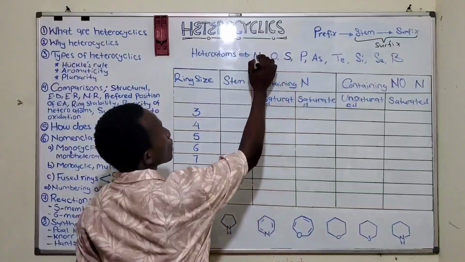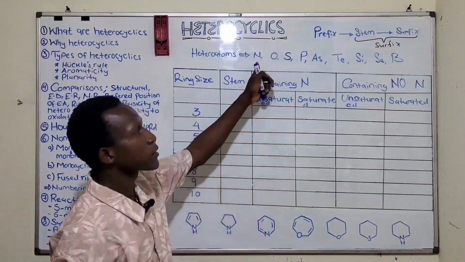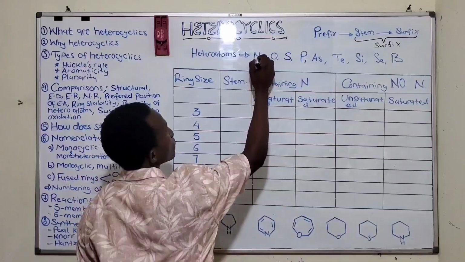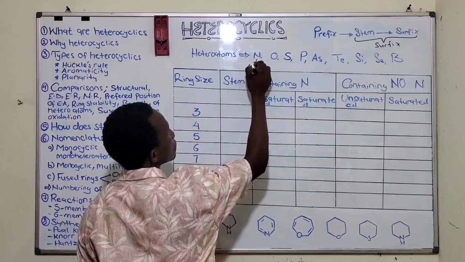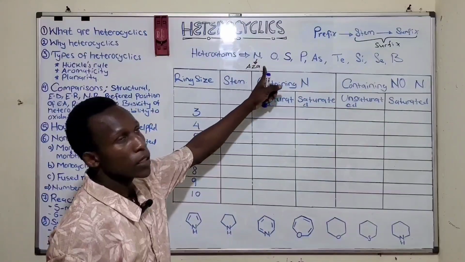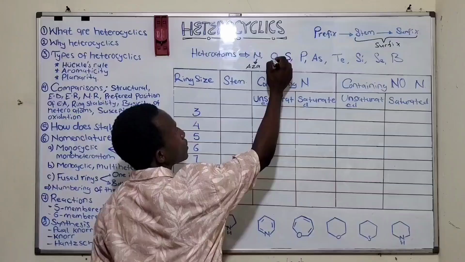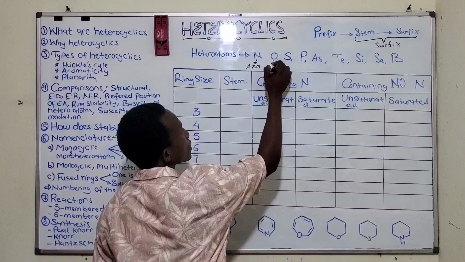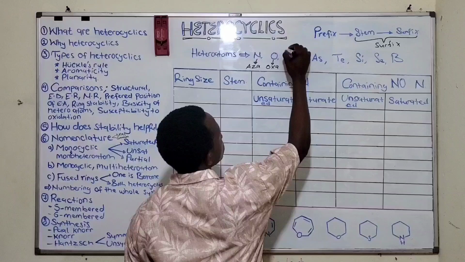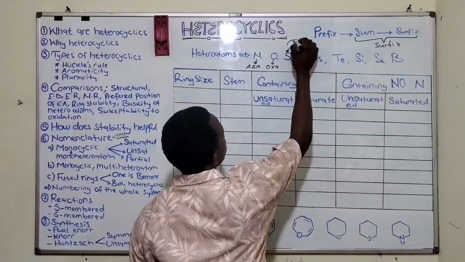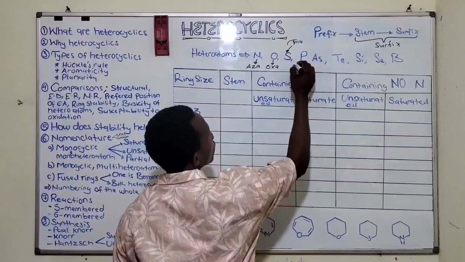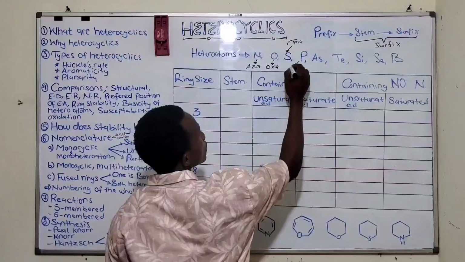For example, if you have N nitrogen as the heteroatom, the prefix will be aza. It's aza for nitrogen. If it is oxygen, it will be oxa. For sulfur, this one will be thia. Then for phosphorus, it is phospha.